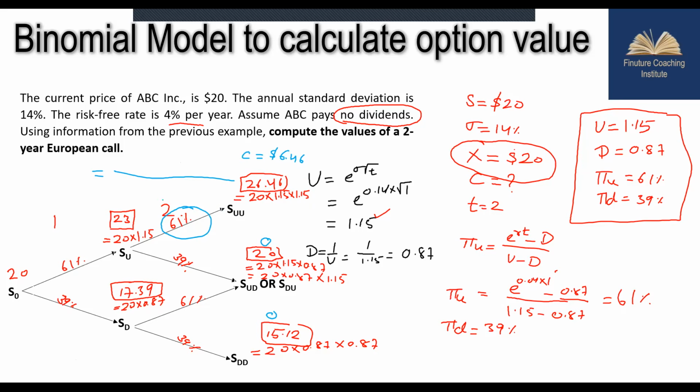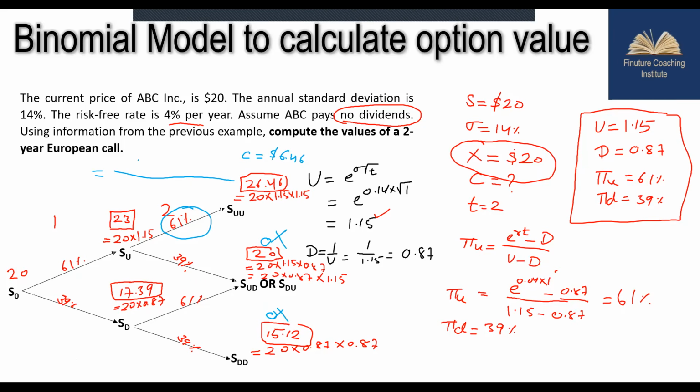This node is achieved by going to the upper node, the probability of that is 61%, and again 61%, and 6.46. Over here, there are no expected values, so we will not consider this.